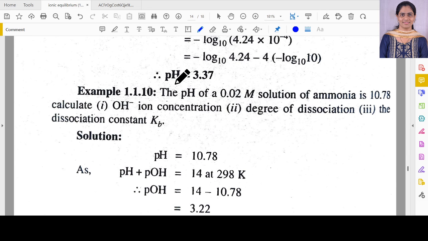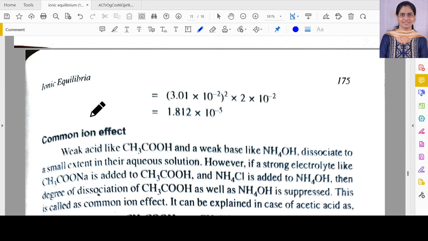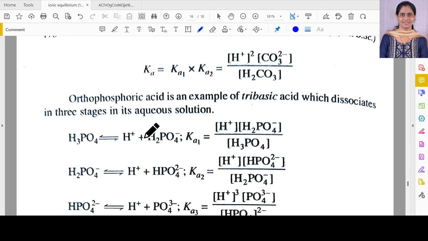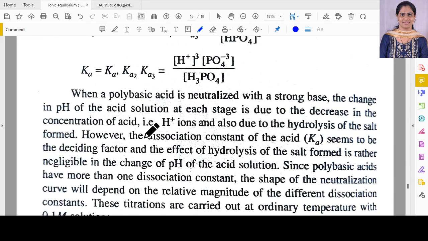Then just go through some simple examples. We saw the common ion effect, factors affecting dissociation of acids, and diprotic and triprotic acids also.